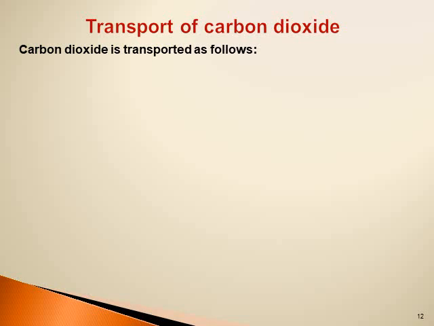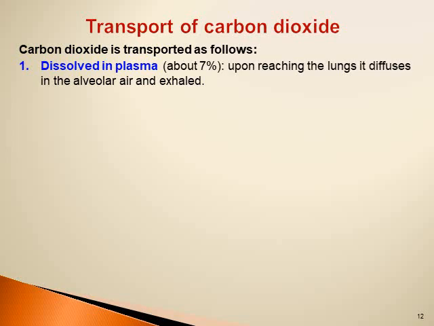Carbon dioxide is transported in our blood in three main forms: either as dissolved carbon dioxide in the plasma, and this accounts for 7% of carbon dioxide transport. When this dissolved carbon dioxide reaches the lungs, it diffuses into the alveolar air, and it will be exhaled.